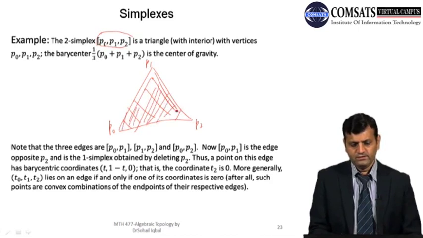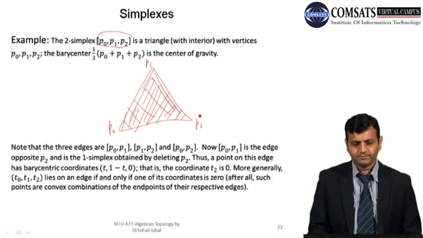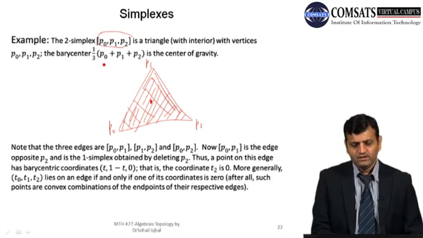Of course, if its interior is not part of this simplex, then it is not going to be a convex set. So the barycenter in this case is 1 by 3 times P0 plus P1 plus P2. If this is an equilateral triangle, then this is going to be exactly the middle point. But this barycenter is basically the center of mass of this triangle.